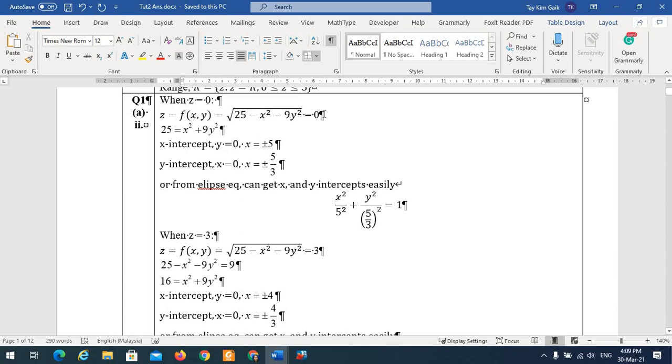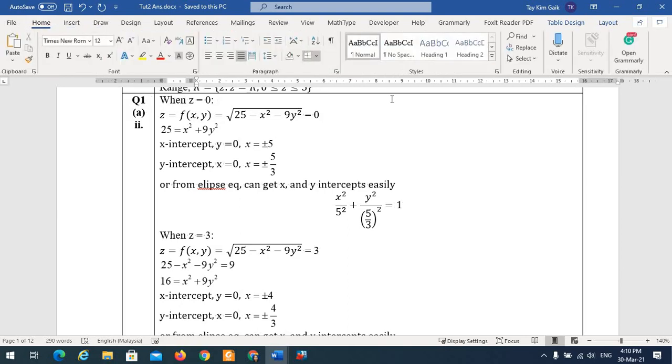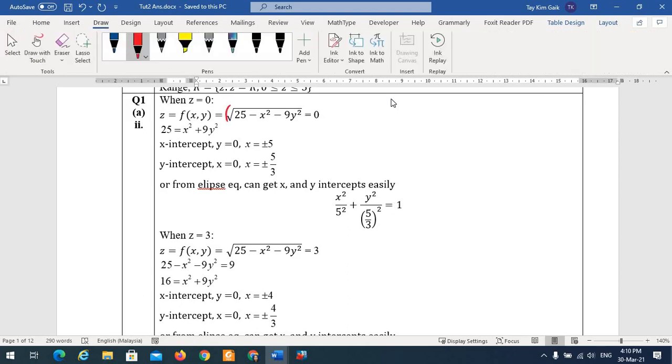You equal to 0. And then to eliminate the square root you square both sides. When you square both sides, the square root will be eliminated, right? You square here, square here.